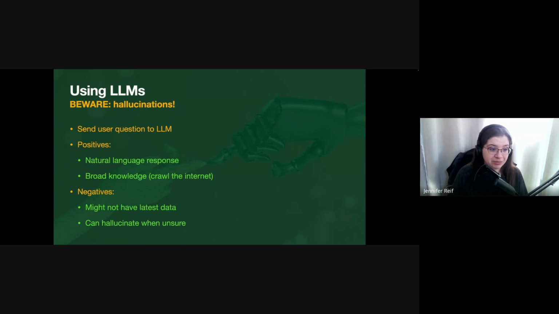So you're missing very recent data, latest news articles, updates and releases for movies, or updates and releases to technology libraries or syntax changes, anything like that, it may not have.